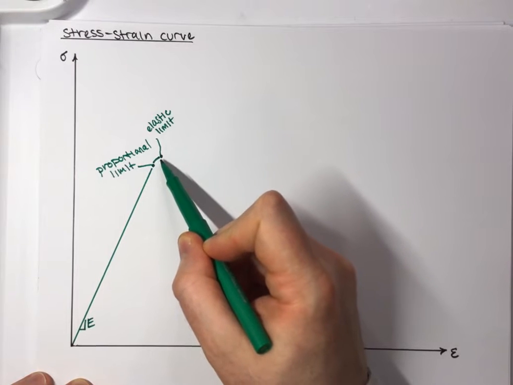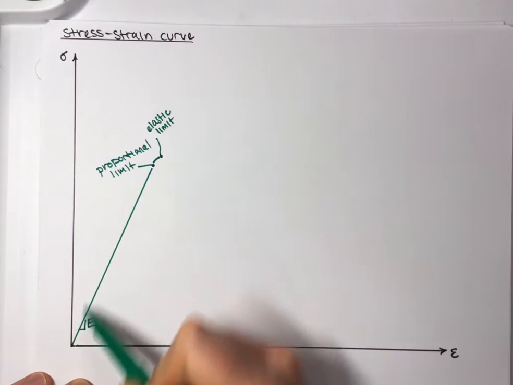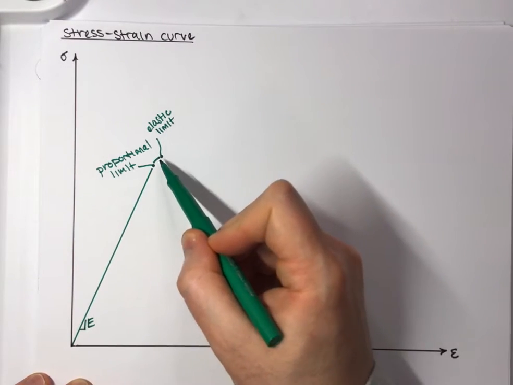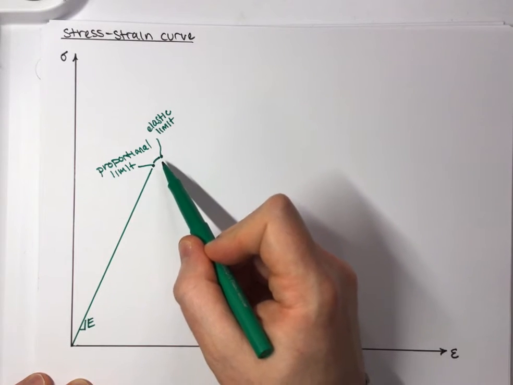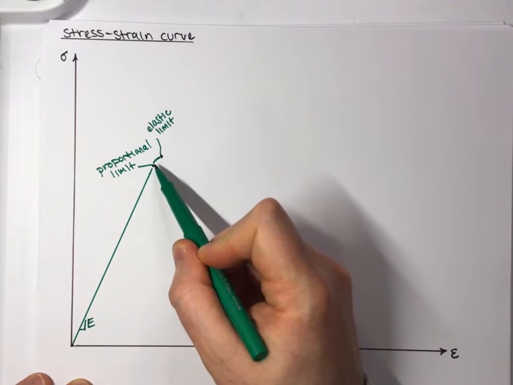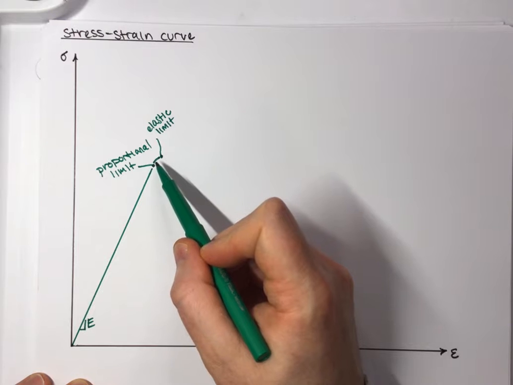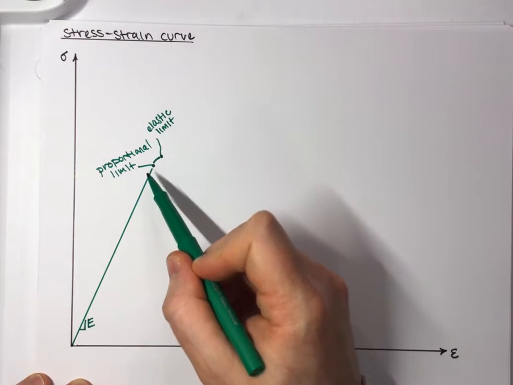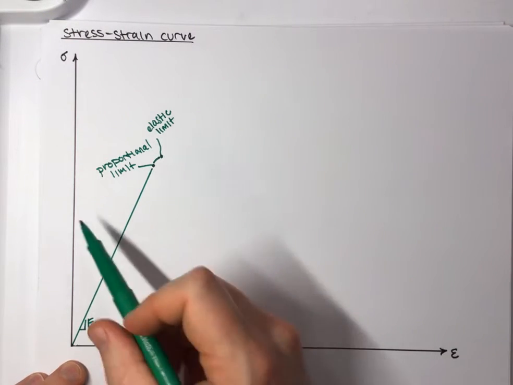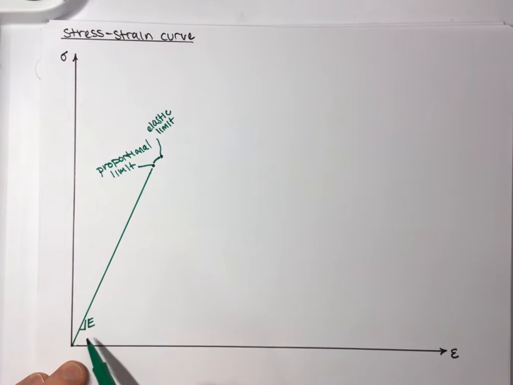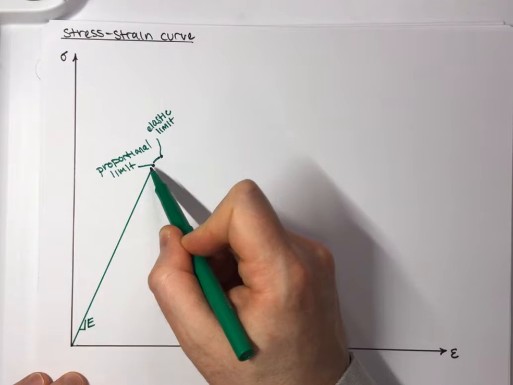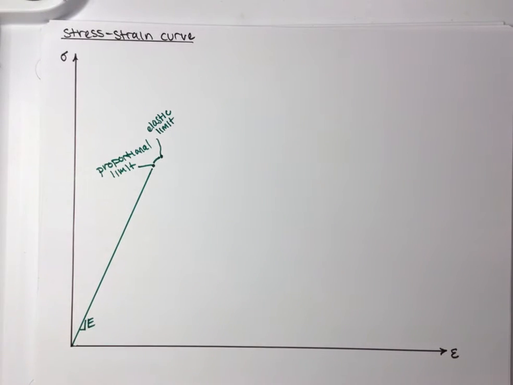So we're still able to return back to the origin at the elastic limit, but because there's a slight change in the slope, we can no longer say that the stress and strain are related by this proportionality constant, which is the elastic modulus. So there's a slight difference here, but it's not very large.